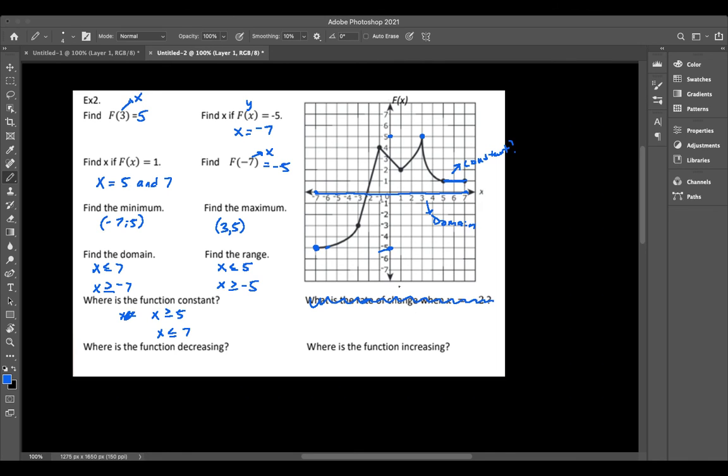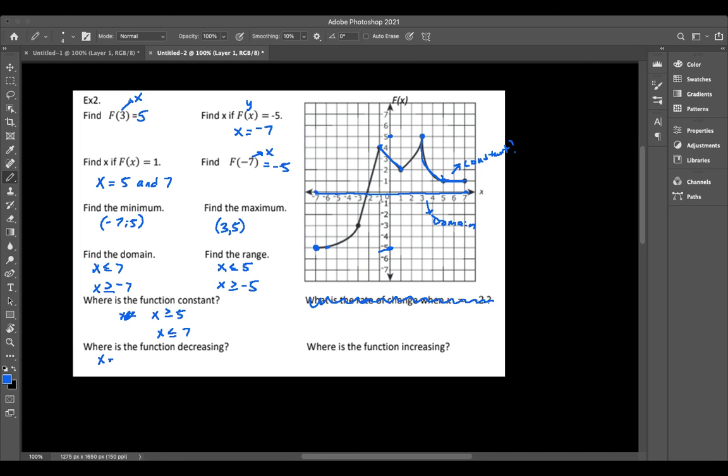All right, so where is the function decreasing? When is the function decreasing, going lower? Okay, so from here to here, it's going lower, and then also right here to here as well is the spot where it's going lower. Okay, so remember, because we're looking left to right, all we have to do is write those points. Okay, so again, this point right here is -1.